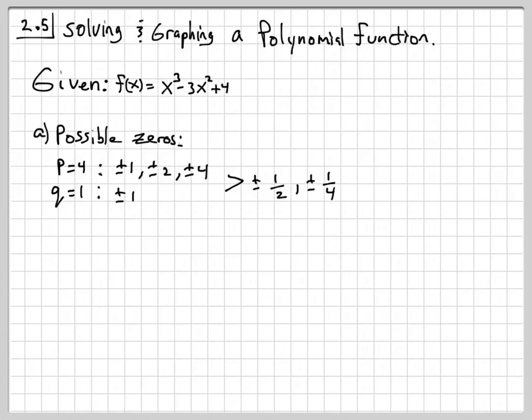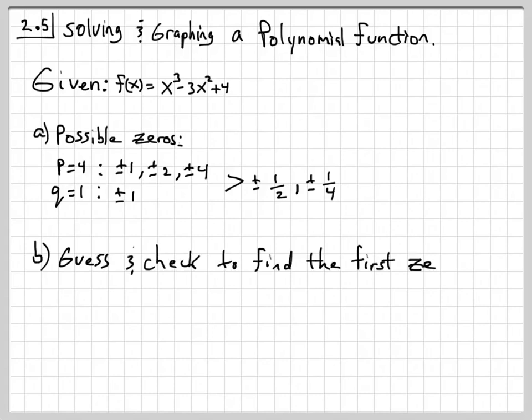So these are not the actual solutions, but these are possible solutions, or zeros. Okay, in the next part, I'm going to guess and check to find the first actual solution, the first zero.